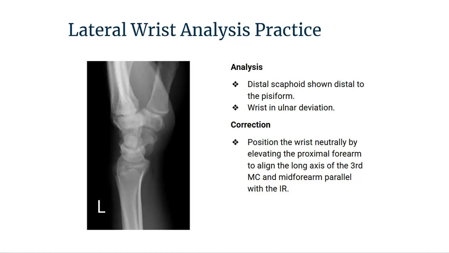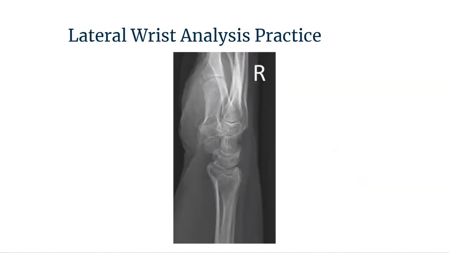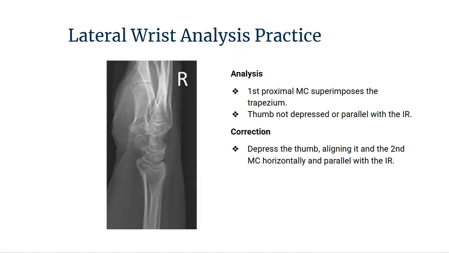This is indicative of ulnar deviation, where the wrist is positioned higher than the elbow. In order to take corrective action, we need to position the wrist neutrally by elevating the proximal forearm to align it with the long axis of the third metacarpal and the mid forearm parallel with the IR. Go ahead and review this practice analysis and answer the following question.